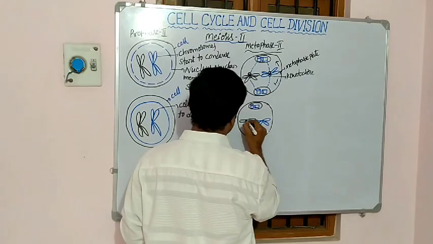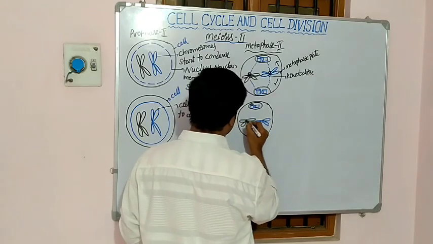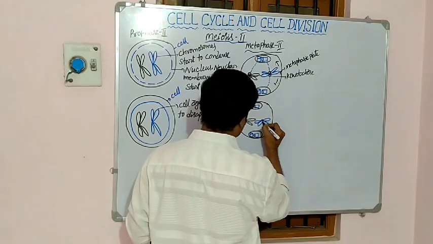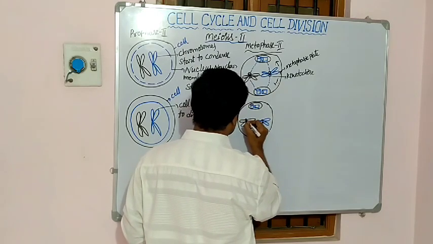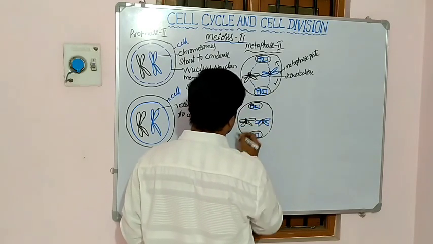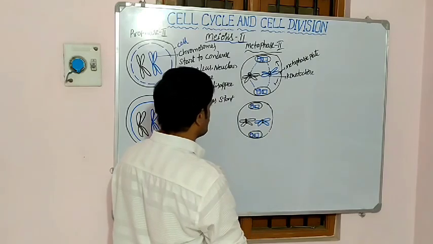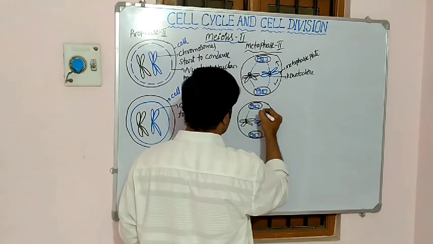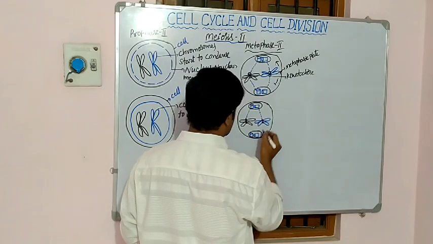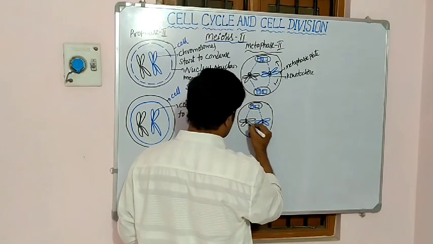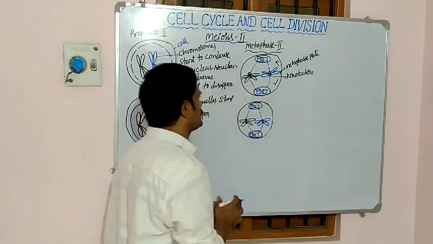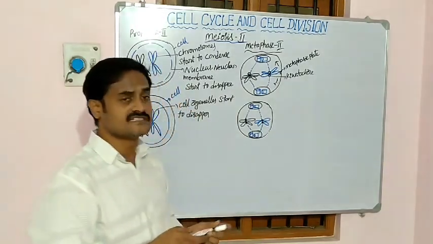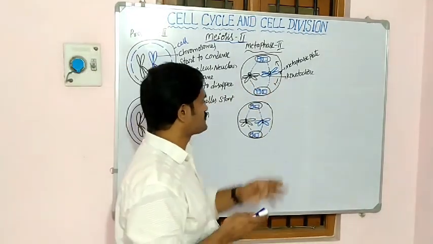The centromere consists of the kinetochore, and here also the centrosome forms spindle fibers towards the centromere, which is attached to the kinetochore. So this kind of change we noticed in metaphase 2.